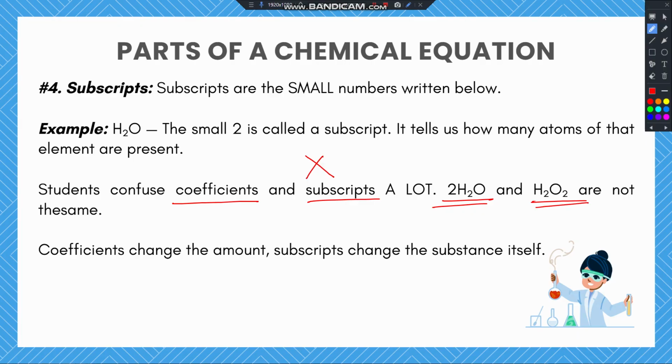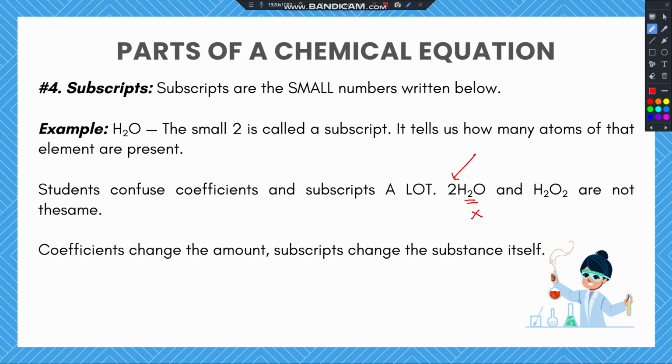They are not the same thing, even though there is a number 2 in front of the first one and there are number 2's contained in the second one. They are not the same thing because over here oxygen has just 1 atom and there are 2 atoms of oxygen. So when balancing chemical equations, you are not allowed to change the subscripts. You're only allowed to change the coefficients.